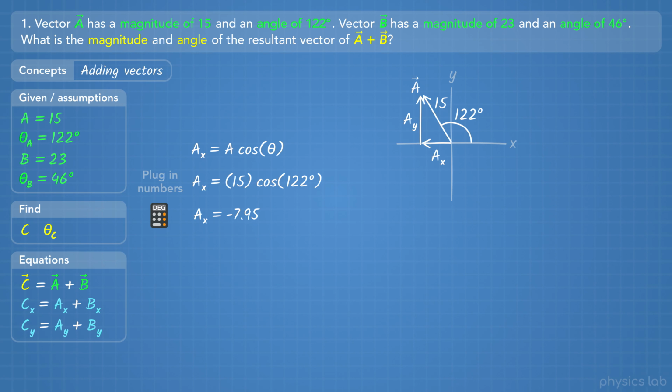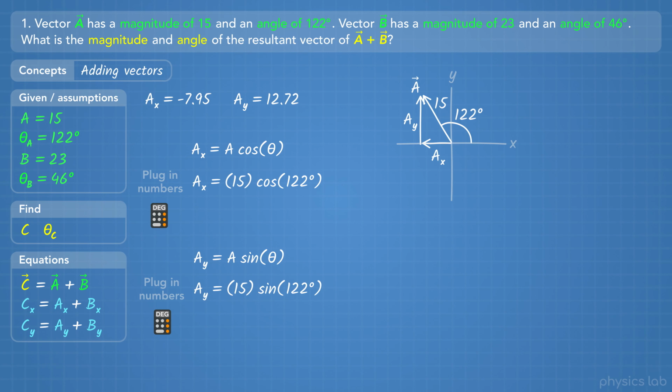Notice that the x component is negative because it points in the negative x direction, and plugging in this conventional angle takes care of the sign for us. Next, Ay equals A times the sine of theta. We plug in the same values for A and theta, and we get 12.72. Let's save these components at the top.